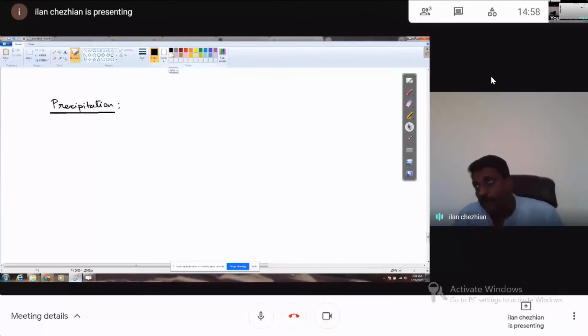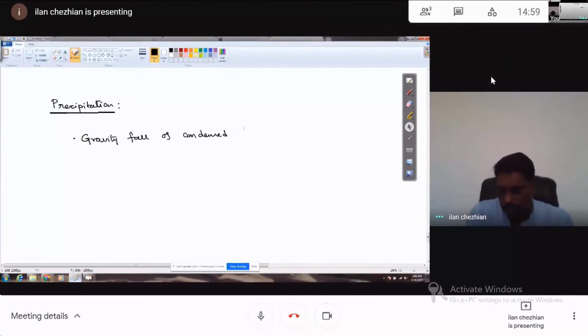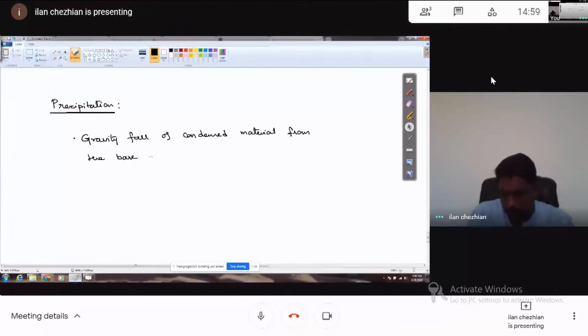The gravity fall, I repeat, the gravity fall, I'll write it along with you better. The gravity fall of condensed material from the base of the cloud is called precipitation, right?